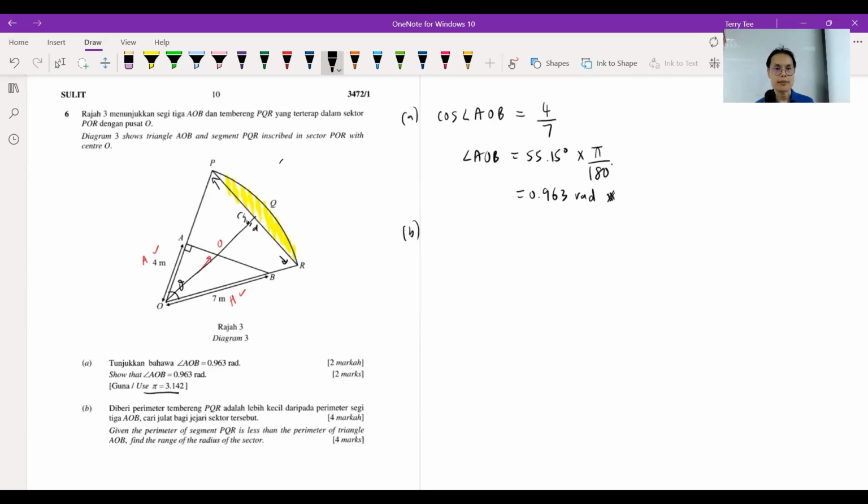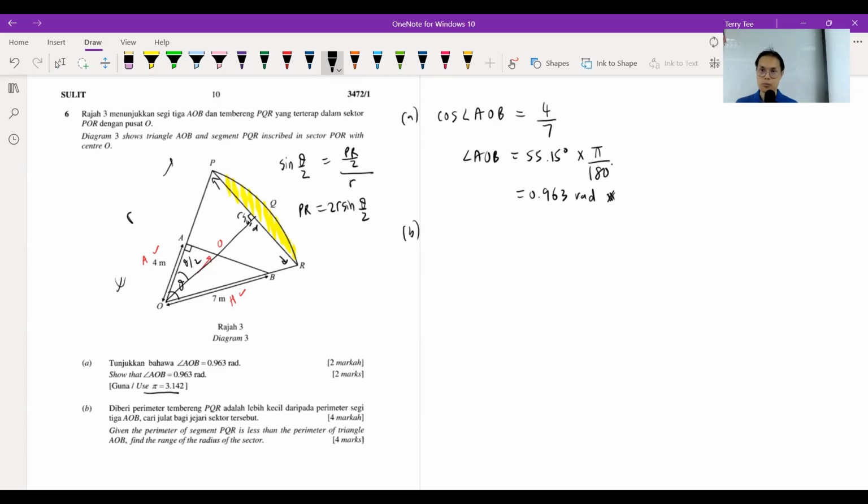We know that sine of this angle theta over 2 is PR divided by 2, half of it, over your radius of the sector, this is your radius R, divided by R. So when you cross multiply, your PR is 2 times R times sine theta over 2, you get 2R sine theta over 2. So this is the length of PQ.